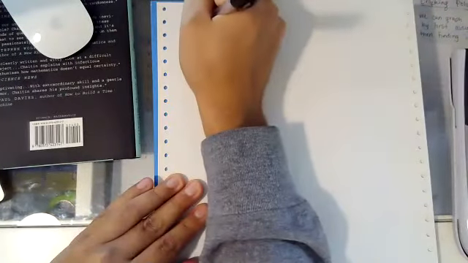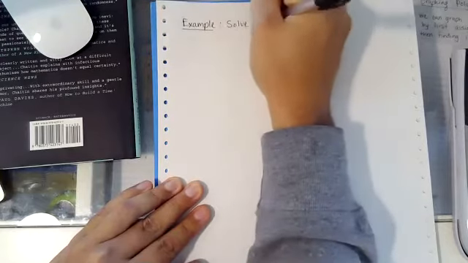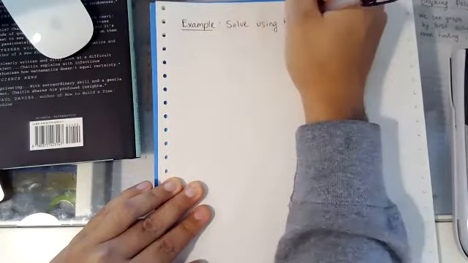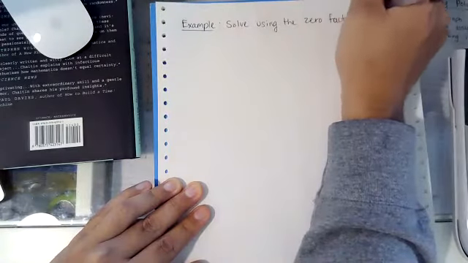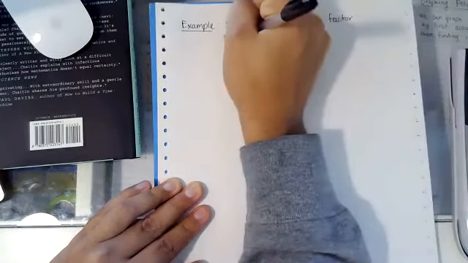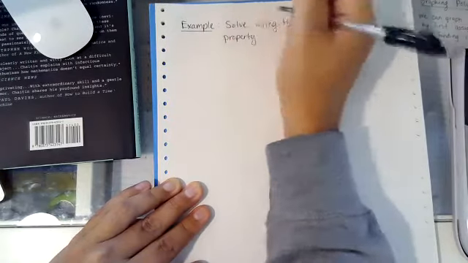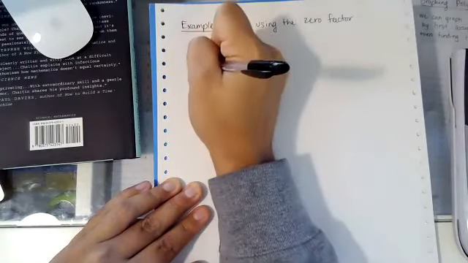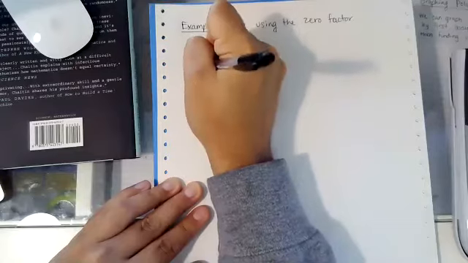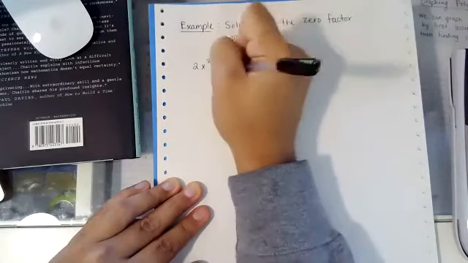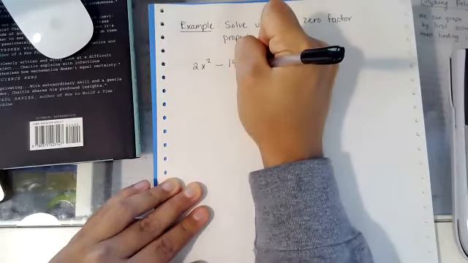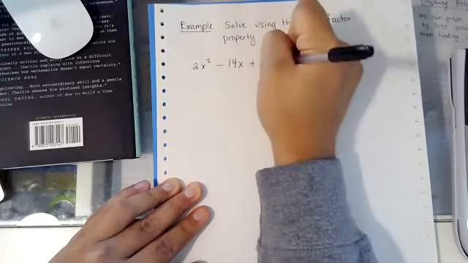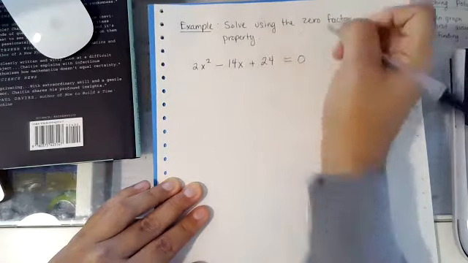So example. Solve using the zero factor property. We're given 2x squared minus 14x plus 24 is equal to 0.